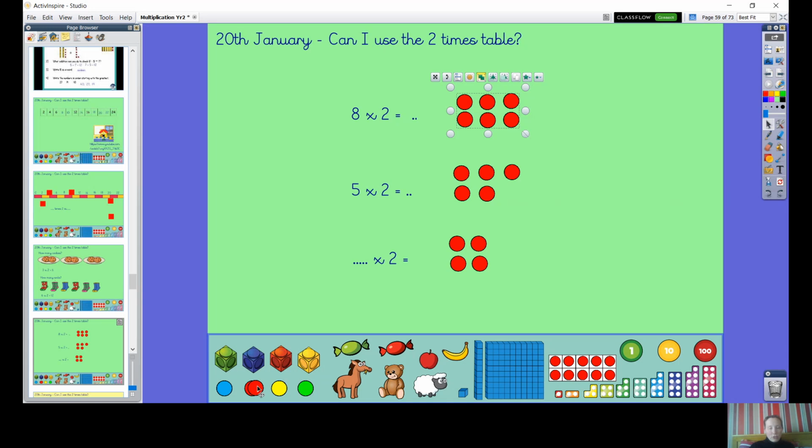So let's see. So we've got 4 times 2. Where's that spot going? 5 times 2. 6 times 2. 7 times 2.